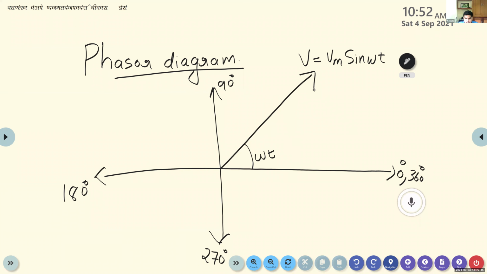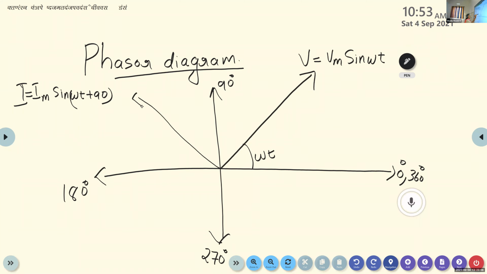Current leads the EMF by 90 degree. That is, I is equal to Im sin (omega t plus 90 degree). It is shifted by 90 degree from omega t. Omega t plus 90 degree.